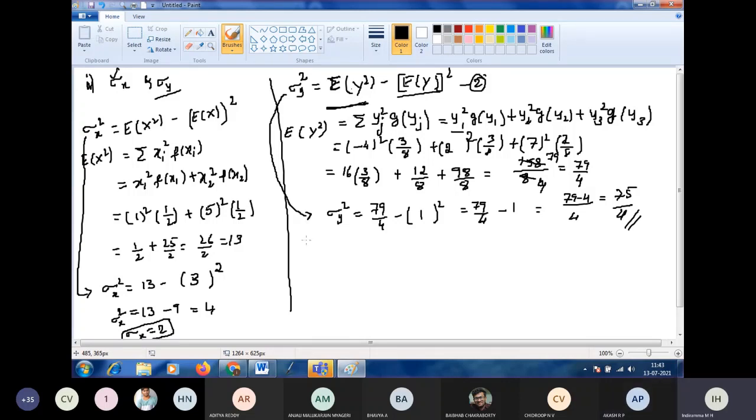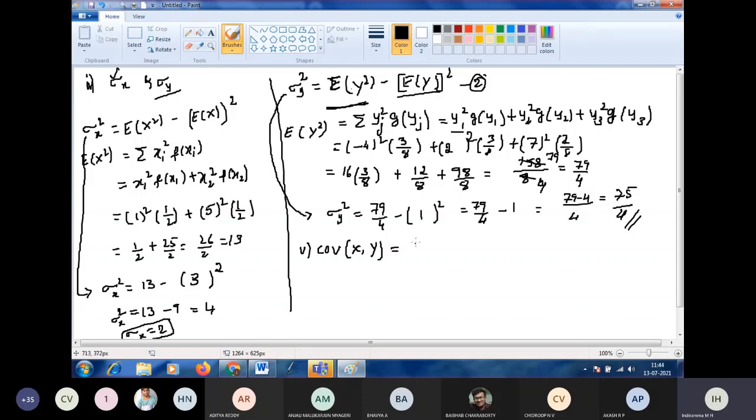What is the fifth question? What we have to find? Covariance. COV means covariance. Covariance of x comma y. I will give you the simple formula.